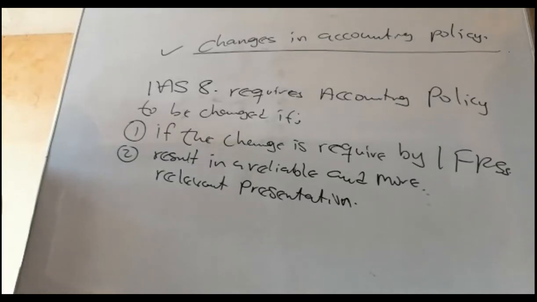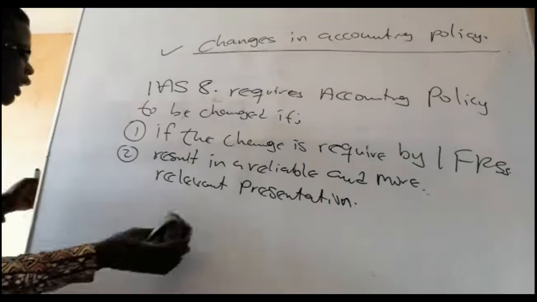Good. Now let's look at what constitutes a change in accounting policy. So these are the conditions for a change in accounting policy. In exams, if there's any scenario and they are looking for the condition, make up your mind on these two conditions and then you are done.